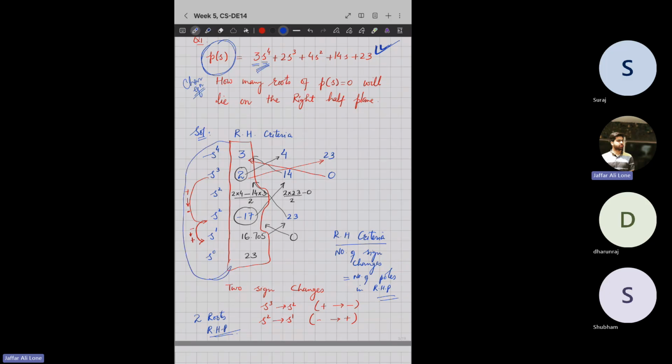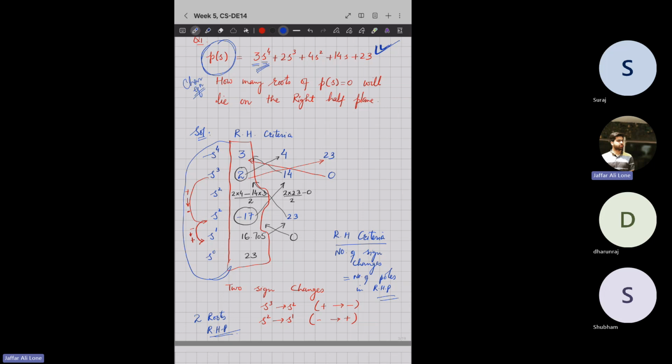We'll solve some other questions. Only then will there be no sign change. If all are negative or all are positive, then your system is stable and no pole will lie in the right half plane. For this question, two poles lie in the right half plane.